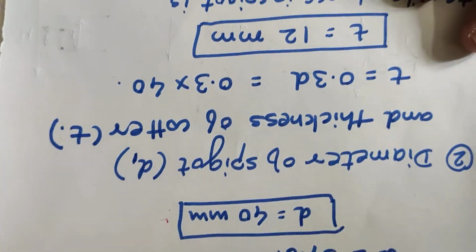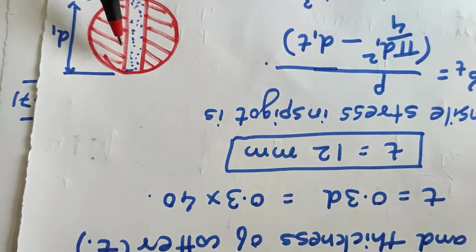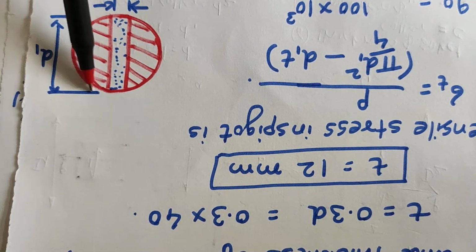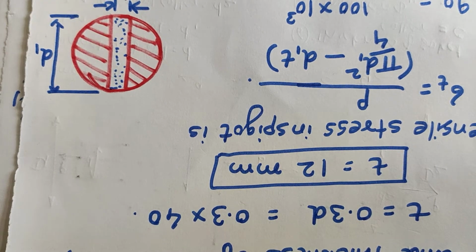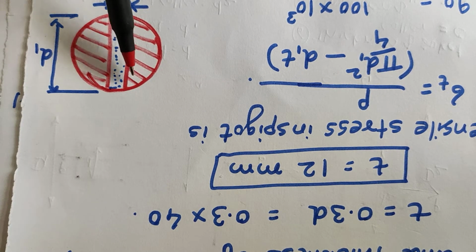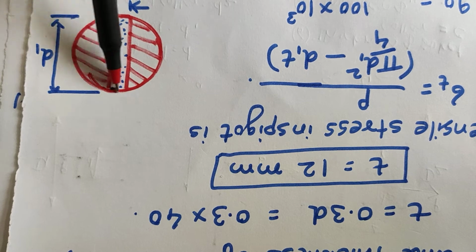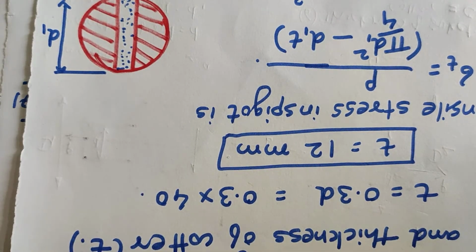So the diameter of the spigot, small d1, for this cross section area is like this. So this diameter d1, and this is the slot with the thickness t. This is the slot inside this spigot. So this cross sectional area is subjected to the tensile stress sigma t.